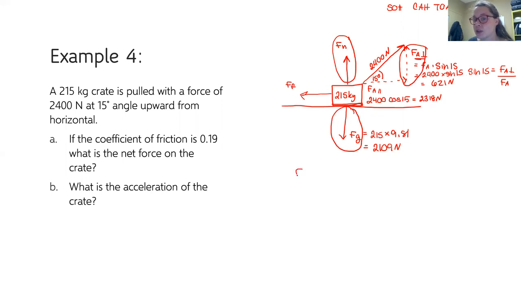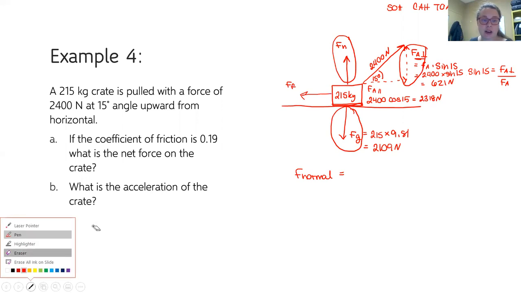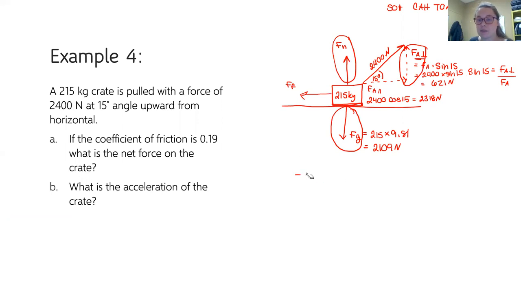The normal force will need to be, well, I'm going to write this out a little bit differently. Sometimes you start to write something, oh no, this explains better this way. We know the downward force and the upward force have to balance. So the force of gravity needs to be equal to the normal force plus the force applied perpendicular.